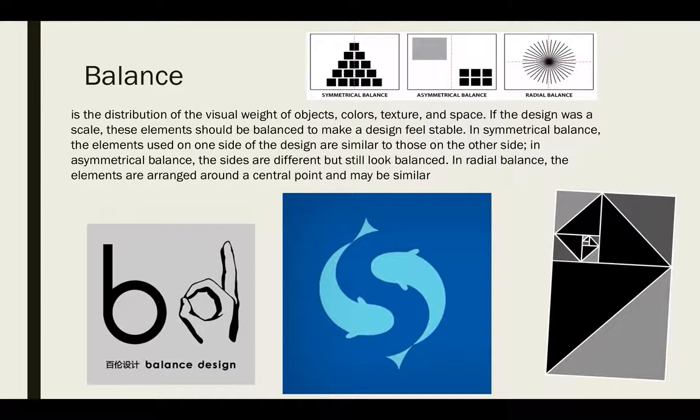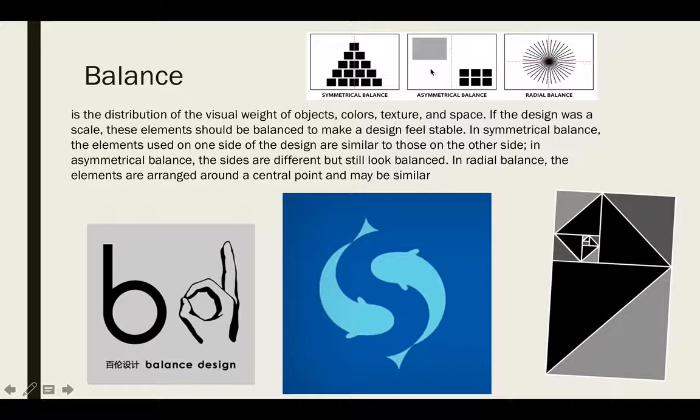There's ways to create balance by simply putting the exact same thing on both sides of the image, such as right up top here, where there is the drawing that says symmetrical balance, which is sort of a pyramid made of squares. It is perfectly balanced on both sides, equal weight and sort of shapes are used.